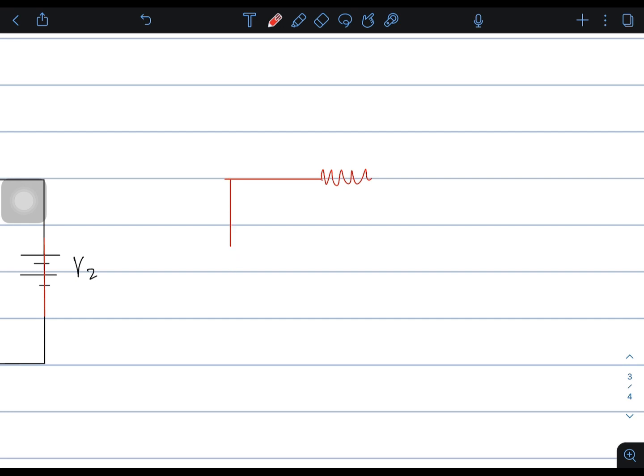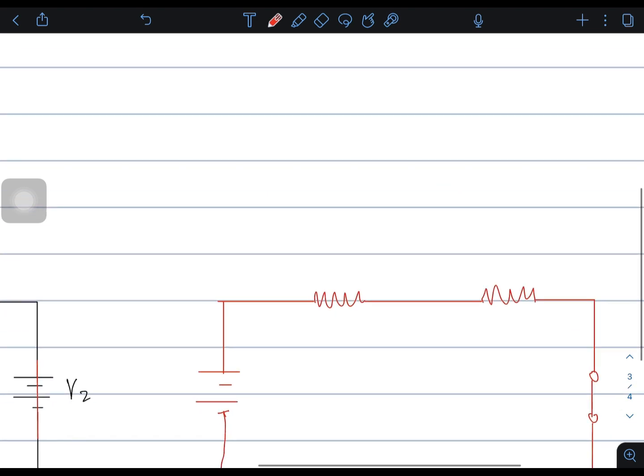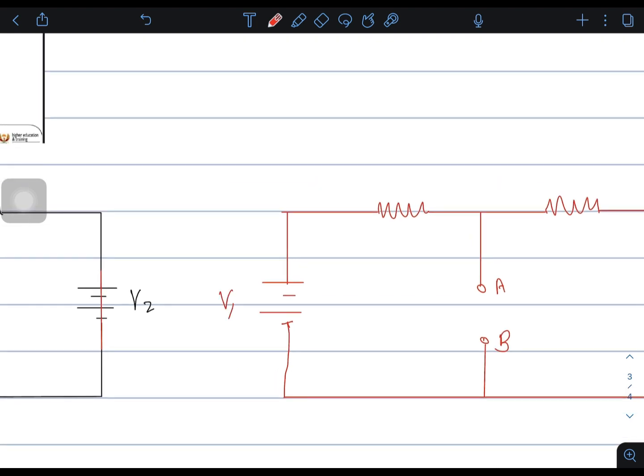Okay, we have short circuited this source. Okay, V1.